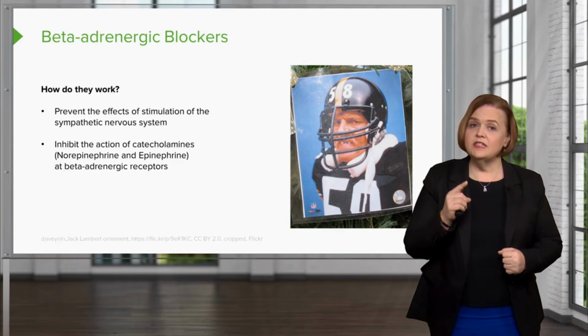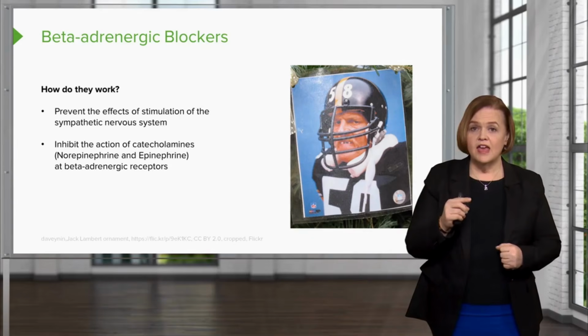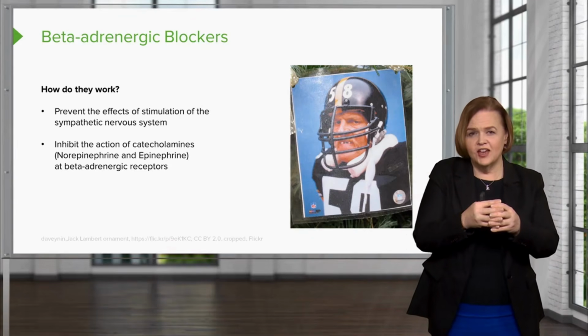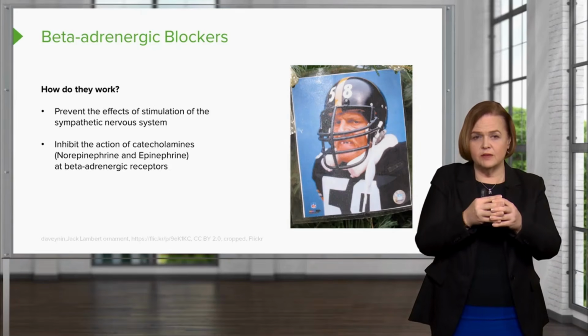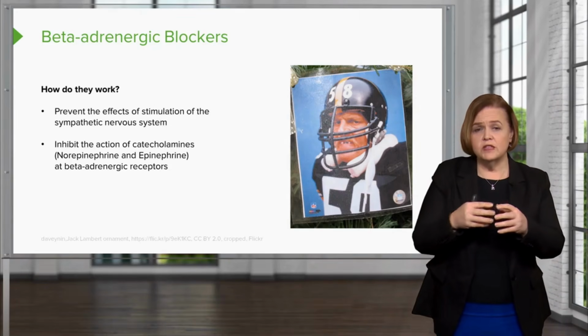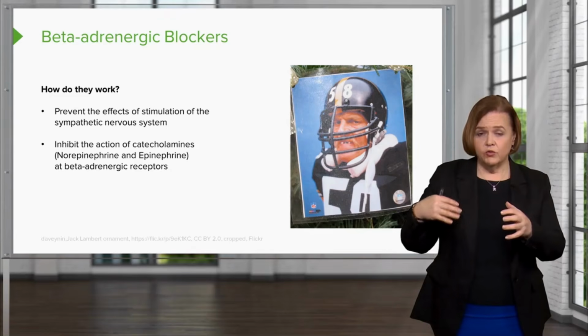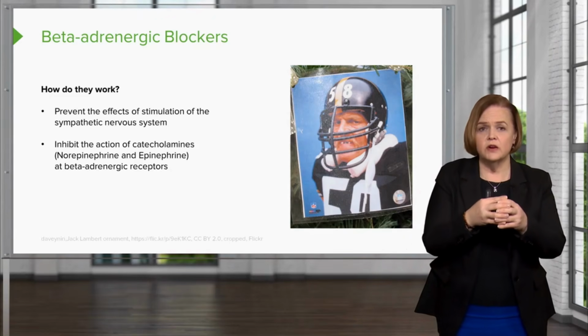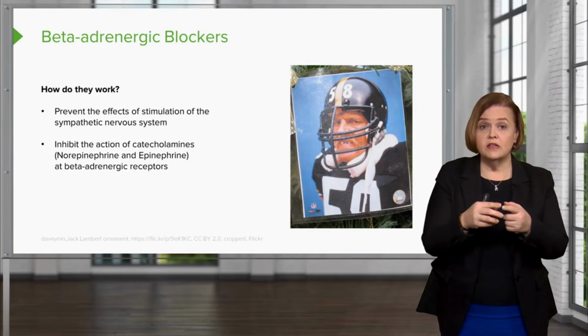But if I'm taking a beta blocker, then I've got a drug that's already comfy, all cuddled in on that beta receptor. So when those catecholamines get squirted out in my body, they race all around, but they cannot bind to the receptors on my heart. So therefore, my heart rate is lower and it's not pumping as hard.